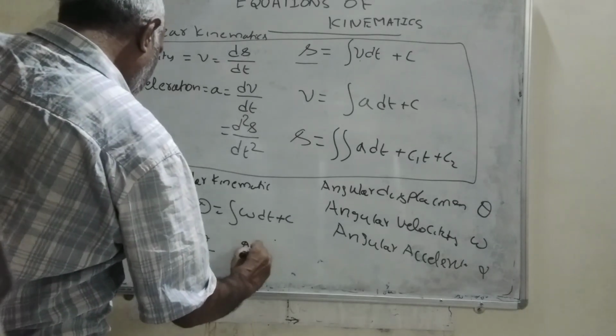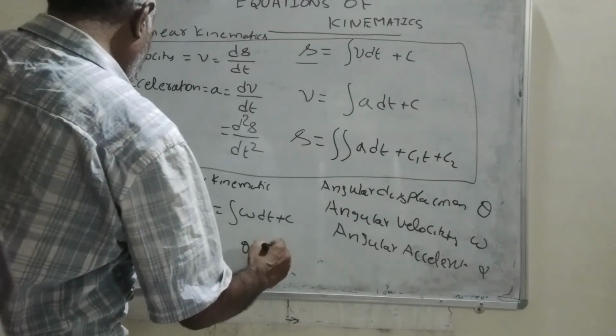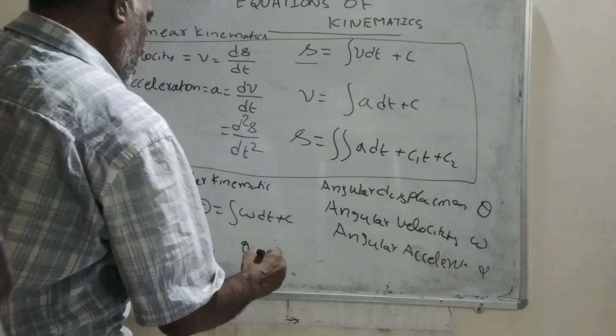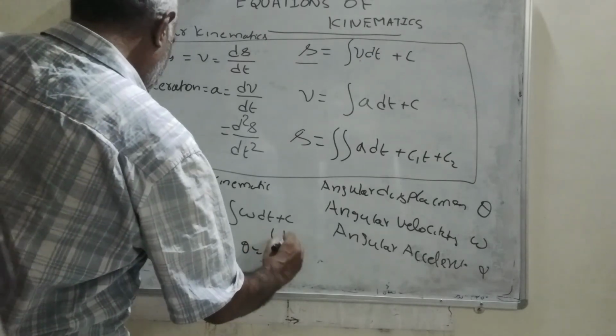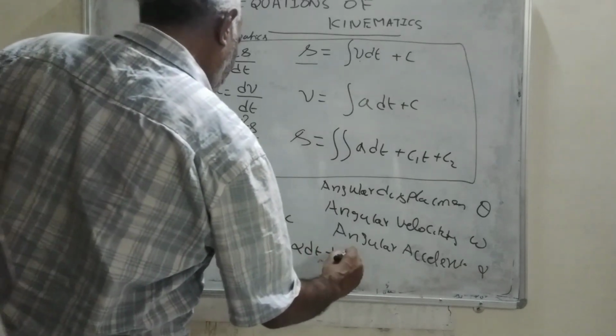Theta is equal to double integral alpha dt plus c1t plus c2.